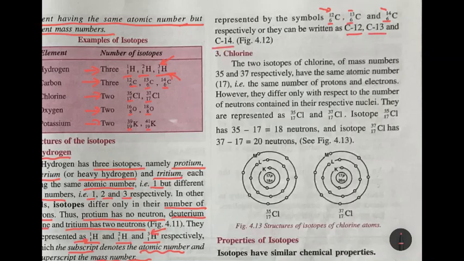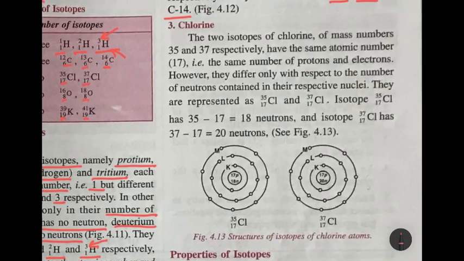Now chlorine. Chlorine has only 2 isotopes, and they have mass numbers 35 and 37 respectively, and of course the atomic number is the same, 17. They have the same number of protons and the same number of electrons. That is why their chemical property is the same. Chemical properties do not differ among all the isotopes of a certain element.